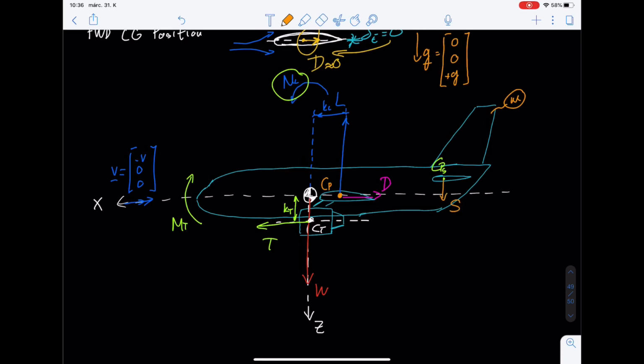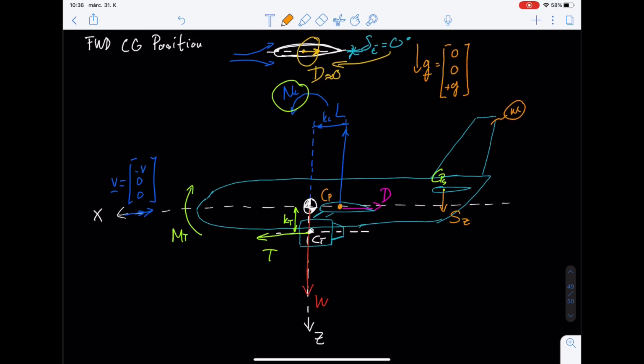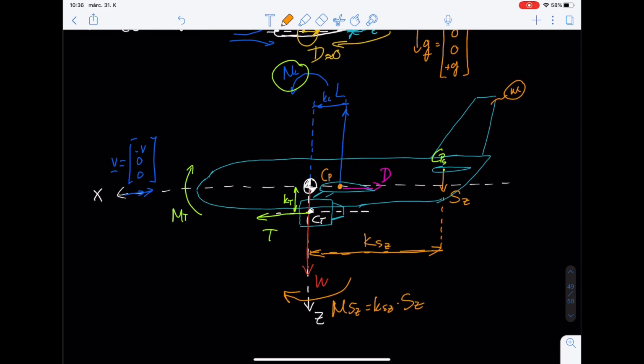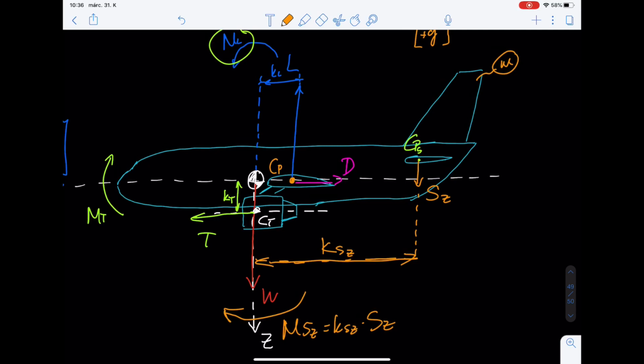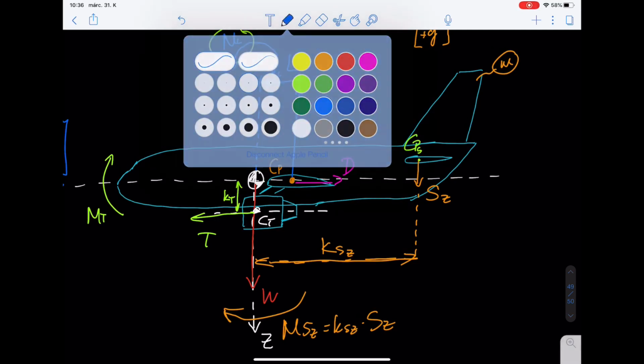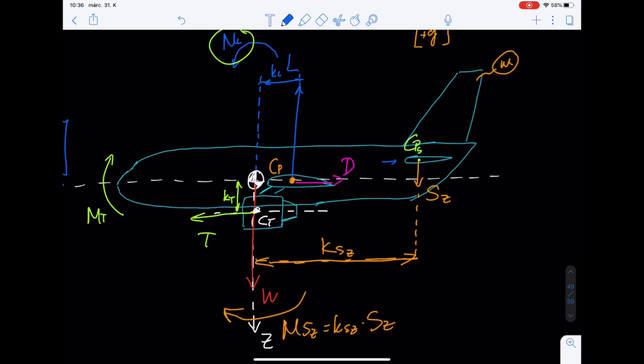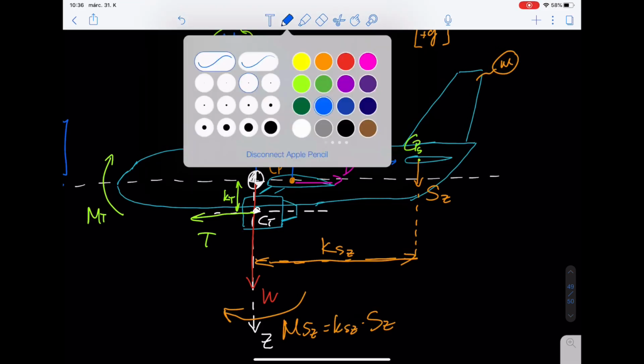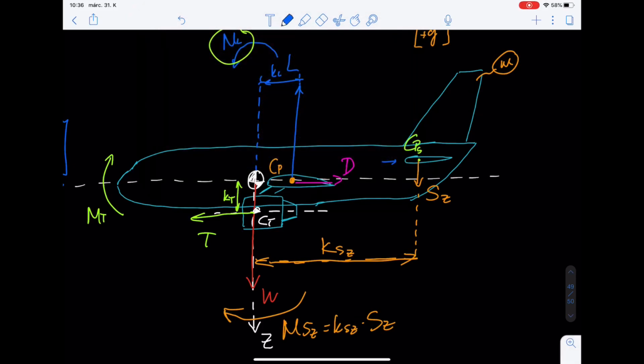So the stabilizer, let's say Z force, because this force on this arm, this KSZ, generates a pitch up moment, right? So the KSZ times the SZ generates a pitch up moment. So to which direction would you have to deflect the elevator, if the relative airflow is coming from this direction, to get such a force? You would have to deflect it, of course, downward.